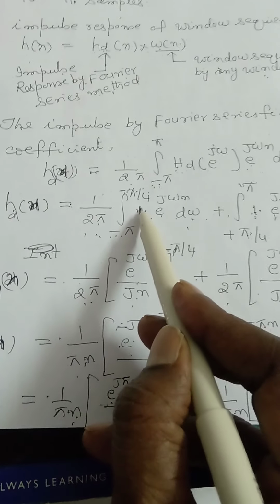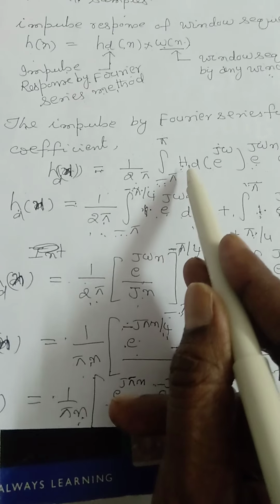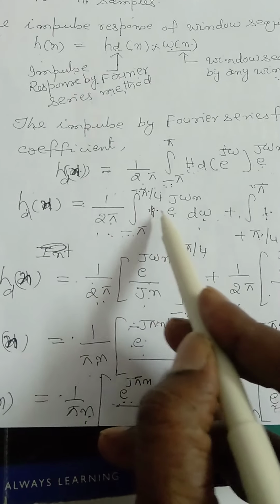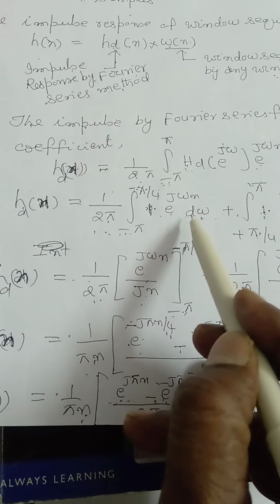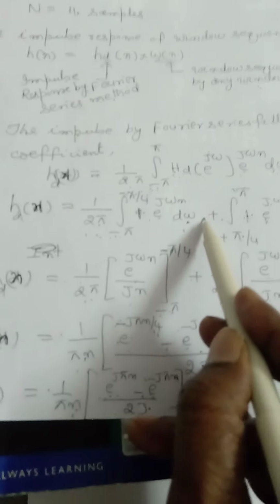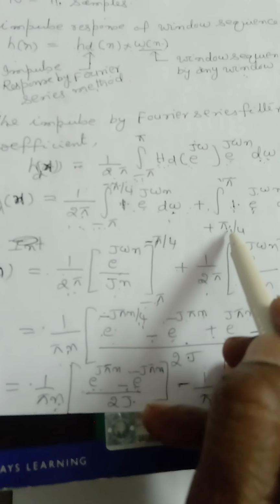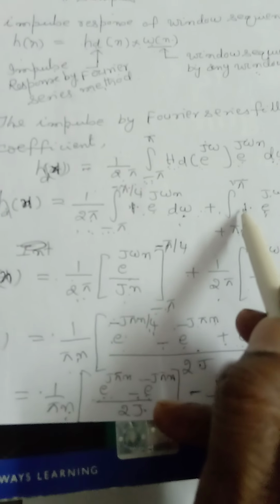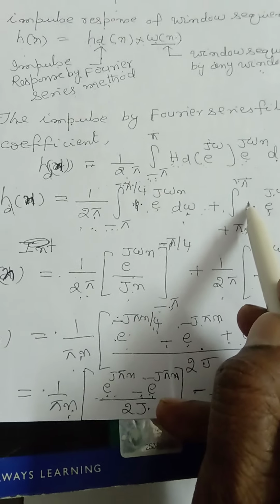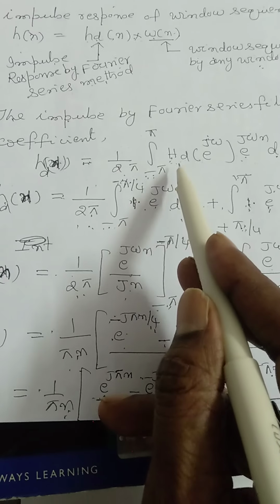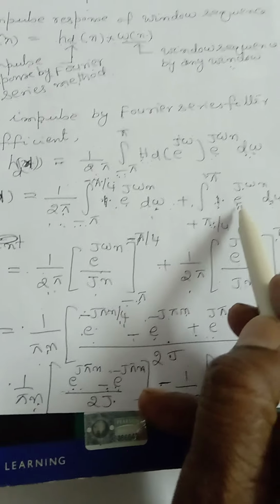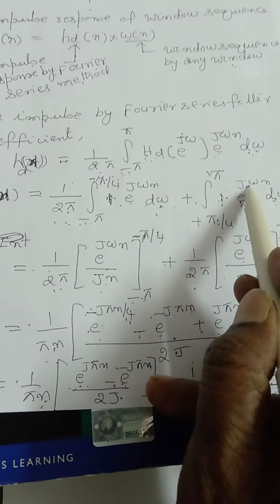Now 1 is substituted in place of HD e to the power of j omega, that is 1 into e to the power of j omega n d omega, plus integral from pi by 4 to pi. Here also 1 is substituted in place of HD e to the power of j omega. Therefore 1 into e to the power of j omega n d omega.